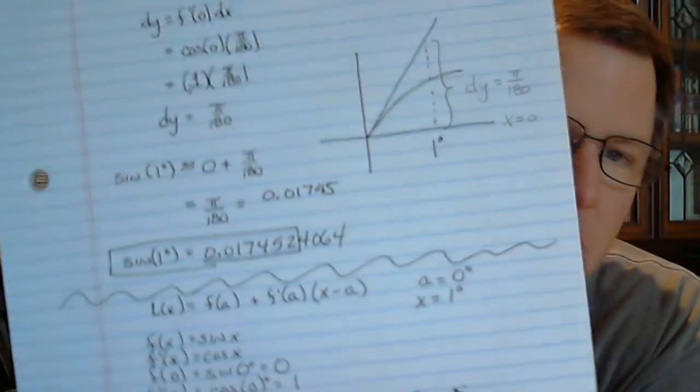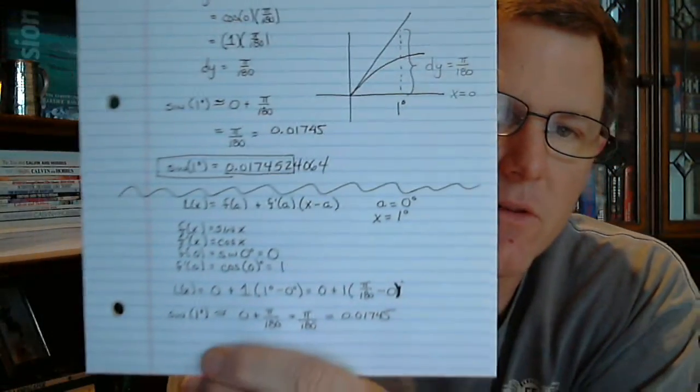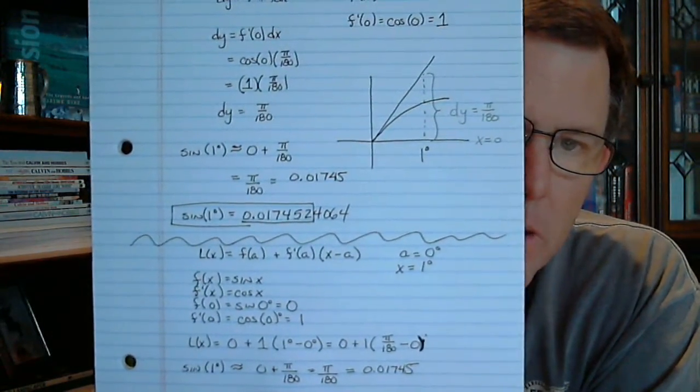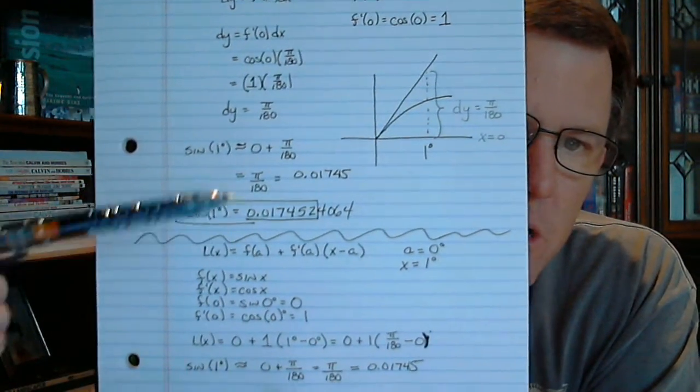And 0 plus that, so we get 0 plus pi over 180, which equals pi over 180. And we already know what the value of that is. We know that pi over 180 is 0.01745.